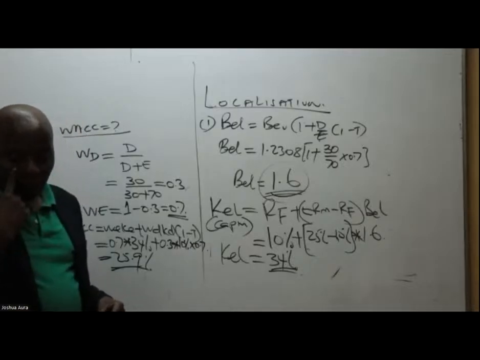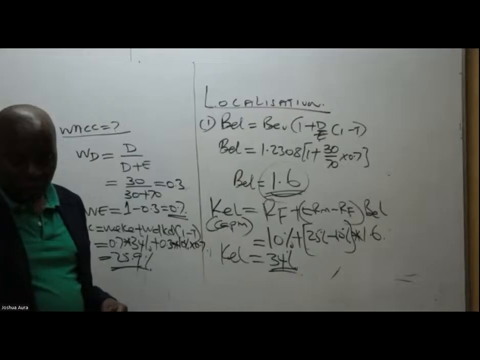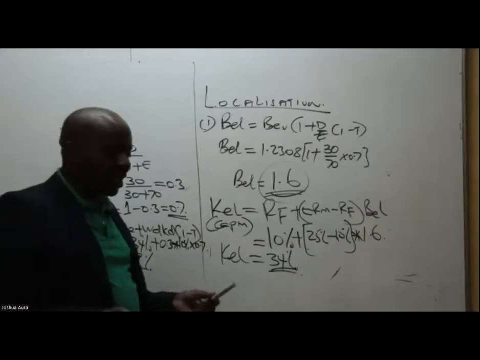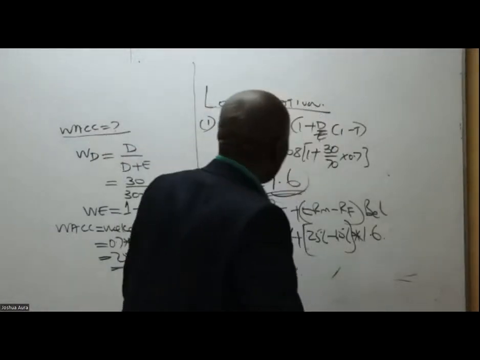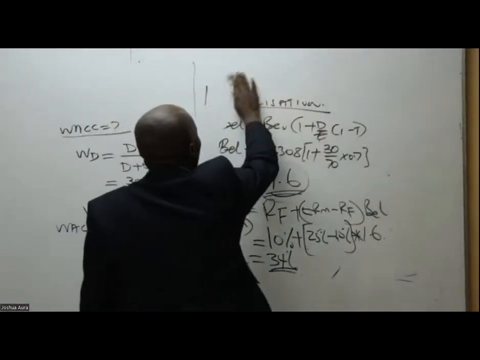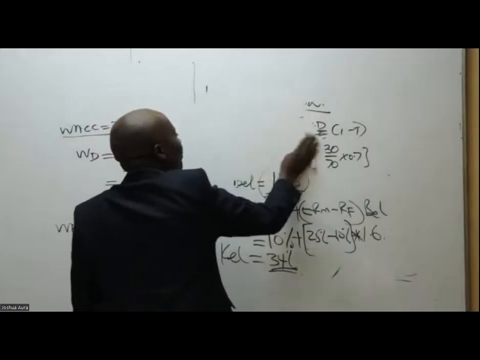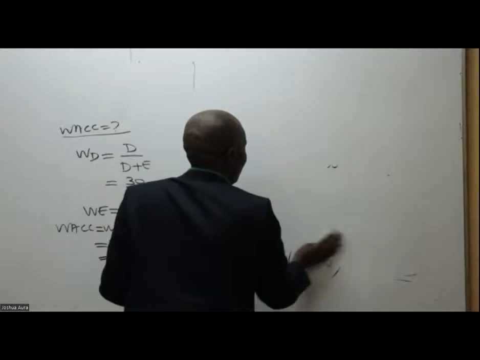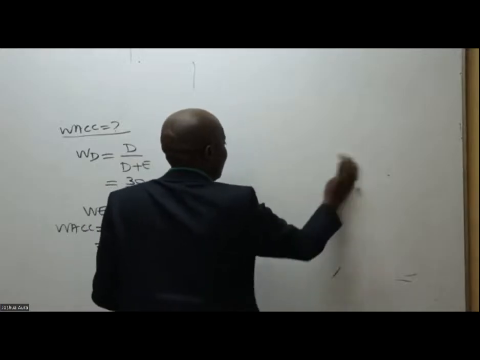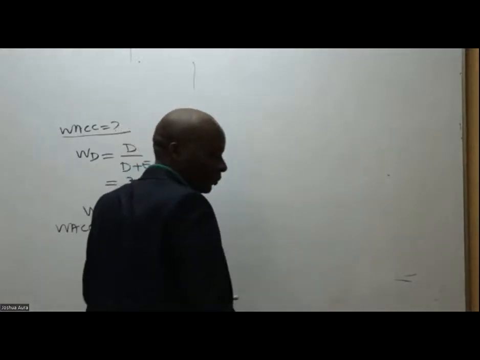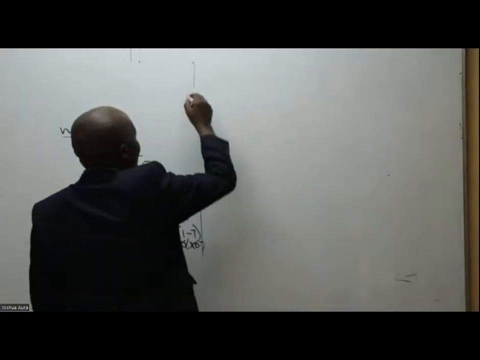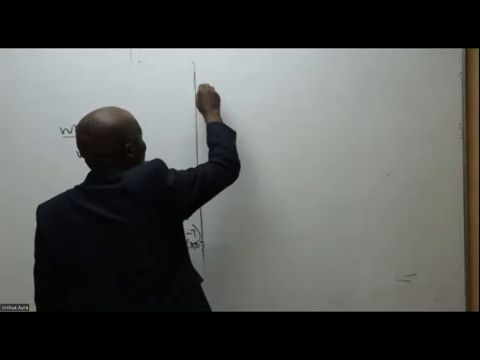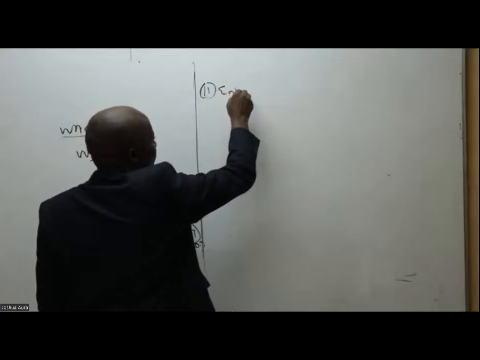So from there, if you allow me, I'll go to the second bit. The second bit is very easy. Entirely equity. In this case, entirely equity, there is no working really.